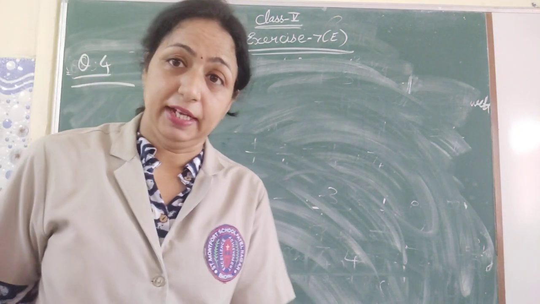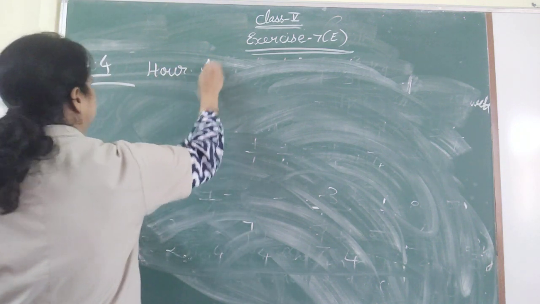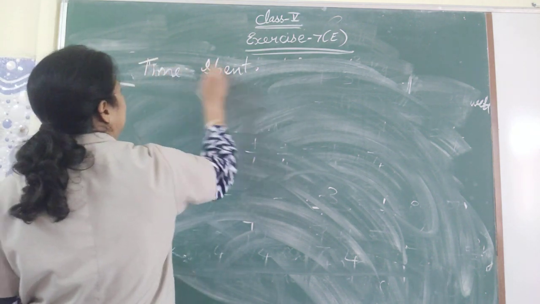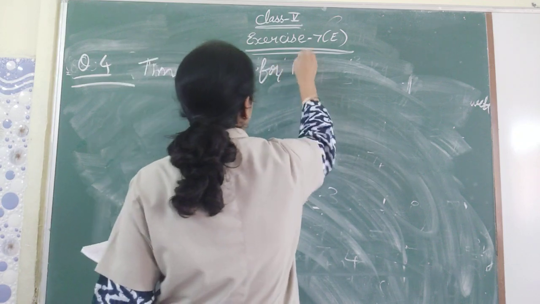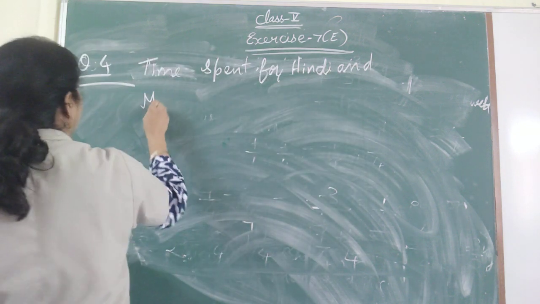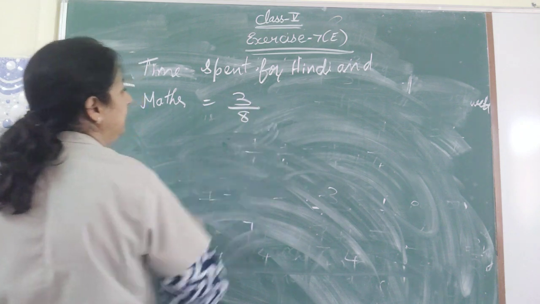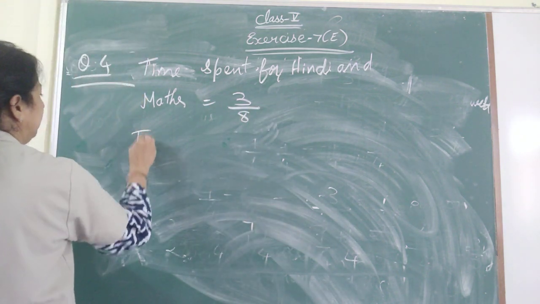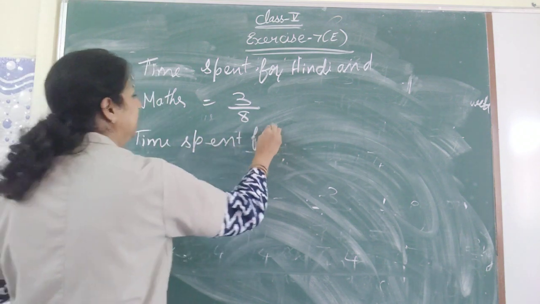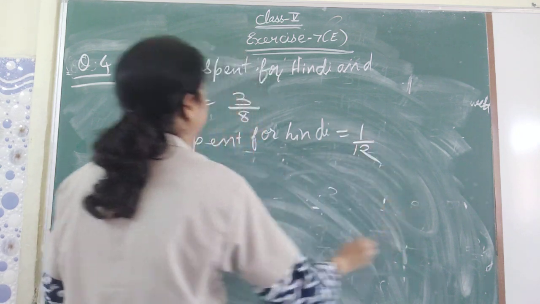Deepak spent 3/8 of an hour, the time spent for Hindi and maths, and the time spent for Hindi alone is 1/12 of an hour.